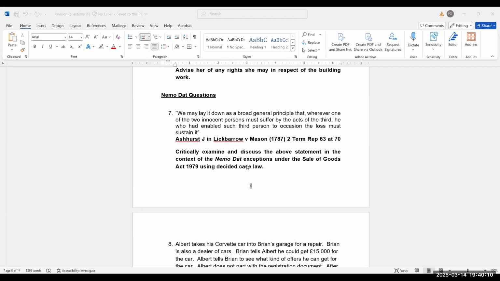Lord Wilberforce just said they are able to assert their ownership over the defendant, and it is up to the defendant to pursue the rogue to ask them for the vehicle back. So that's tough luck. Again, like I said, the exception of estoppel is narrowly construed.